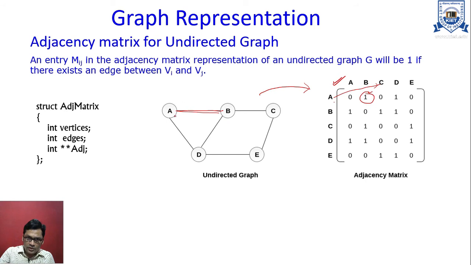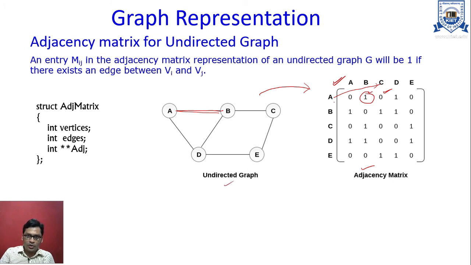A to C: there is no direct path between A and C, so I consider 0 here. Just put 1 in this matrix if there exists an edge between the two vertices. That's very easy. This is the adjacency matrix for an unordered graph.